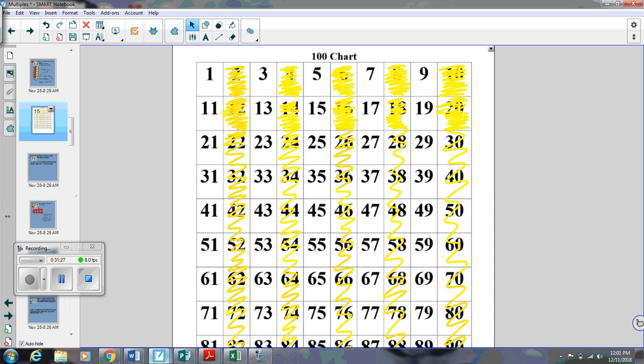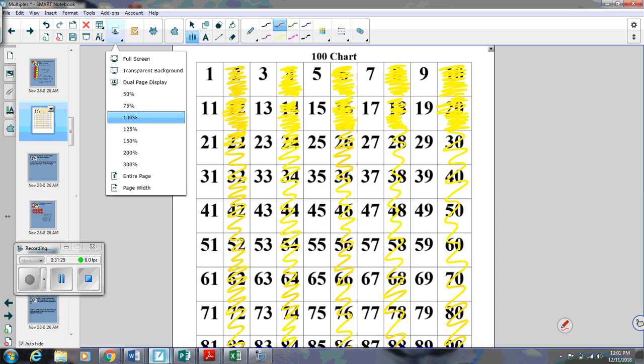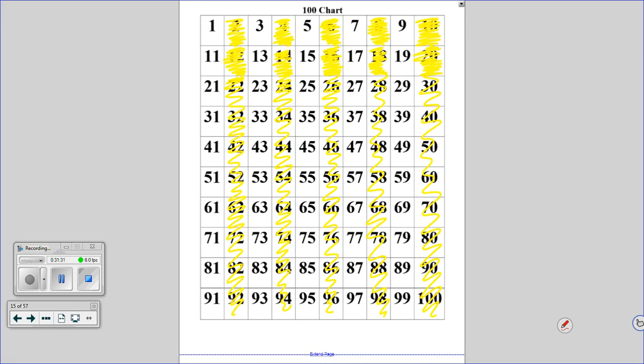Let me get a blue going. 4 times 1. What's the product of 4 times 1? Naviana? 4. Color in 4. 4 times 2. What is 4 times 2?